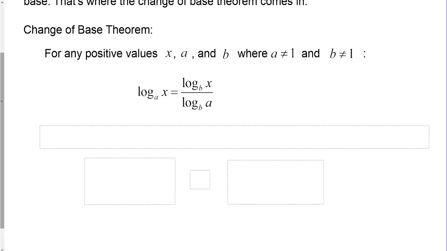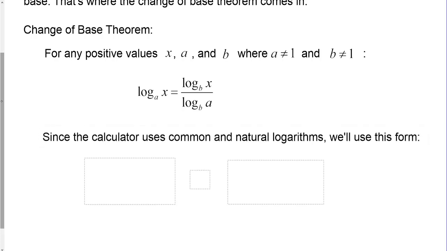That may not seem like such a profound statement, but what it means is that you can take a logarithm of any base and change it into a logarithm of any other base. For our purposes, since the calculator uses only common and natural logarithms, we'll basically use one of these two forms.